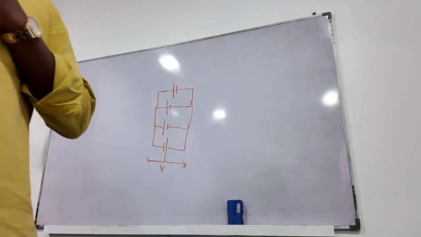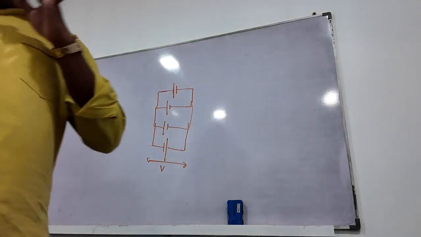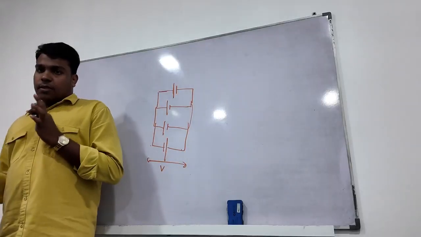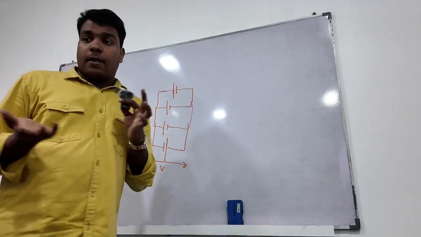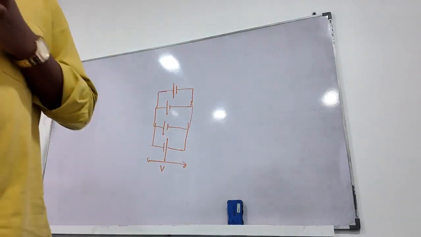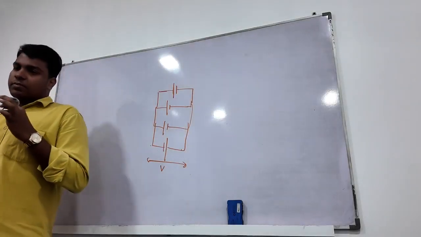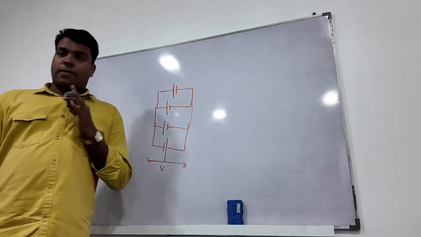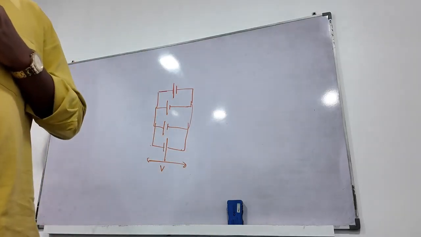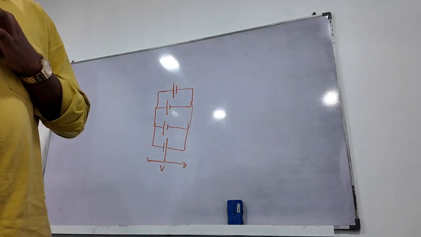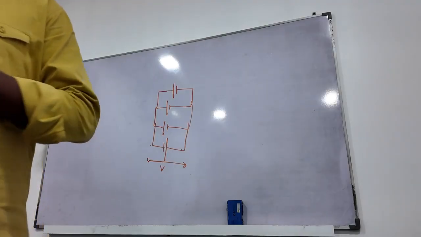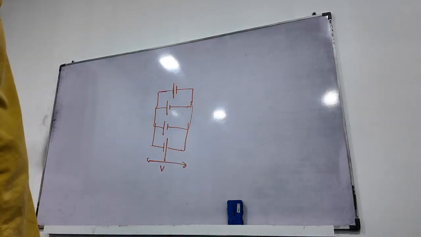Can it be 3f? It can, yes. That can actually happen. What about f over 4? f over 4 is also possible. What about f over 2? Yes, if f over 4 is possible, f over 2 is also possible.